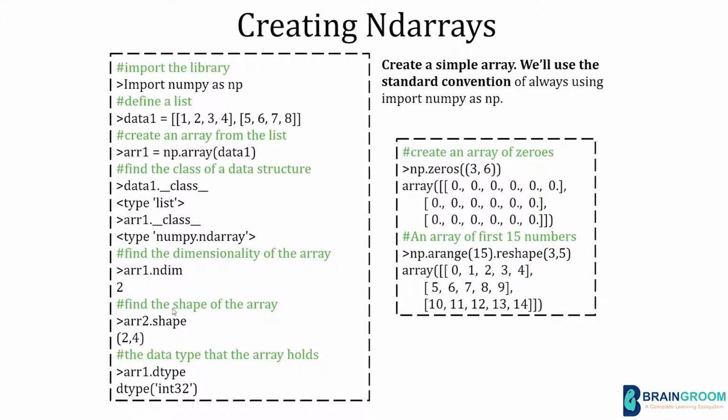If you want to print the shape of the array, use array.shape, which prints 2 by 4, which means 2 rows and 4 columns. And if you want to see the data type of the array, we can use dtype, which is the data type.